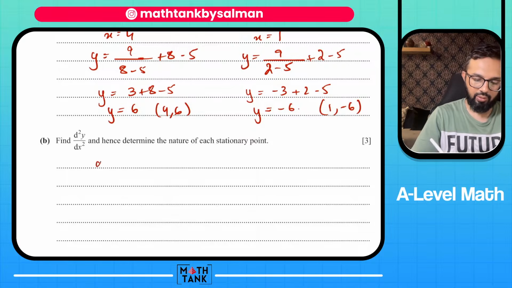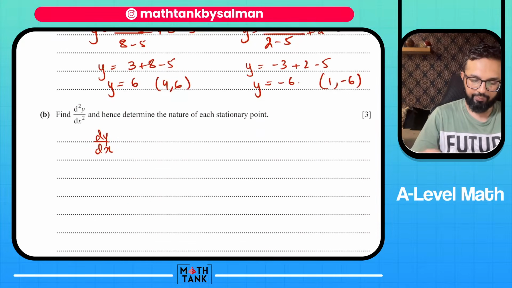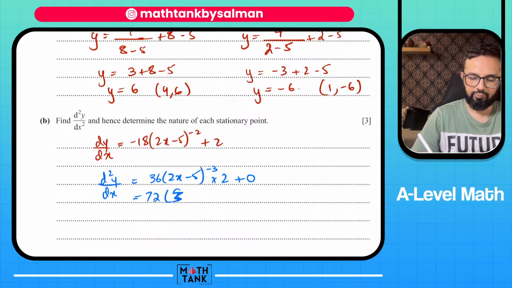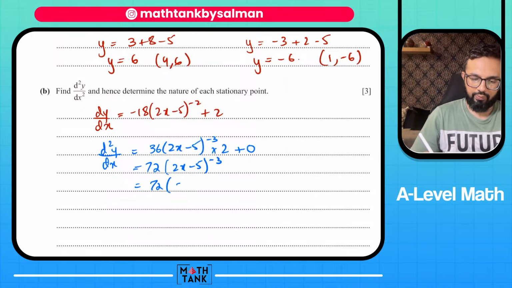So you double differentiate. So dy by dx is minus 18. 72 times (2 times 4 minus 5) to the power minus 3.